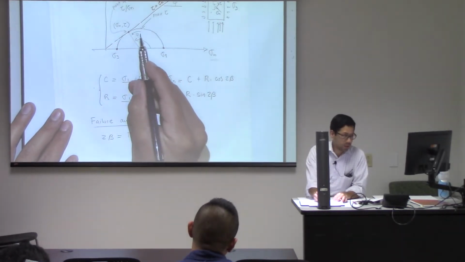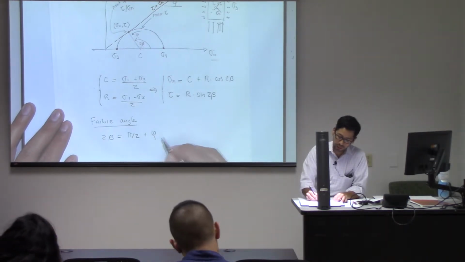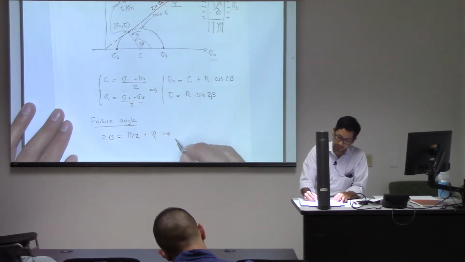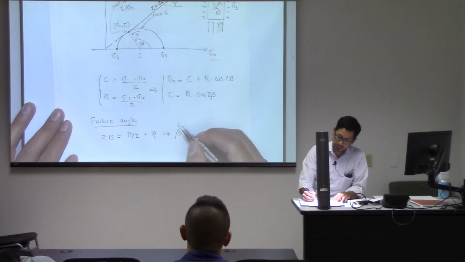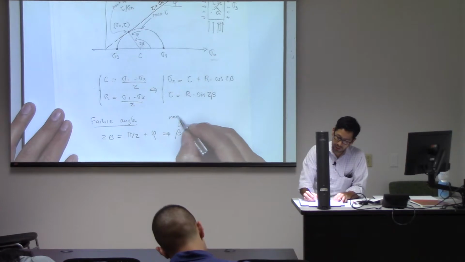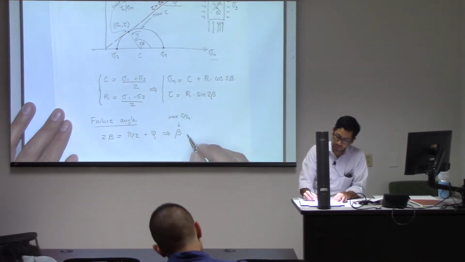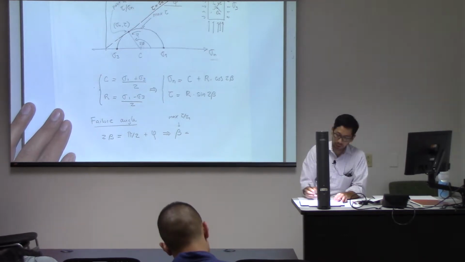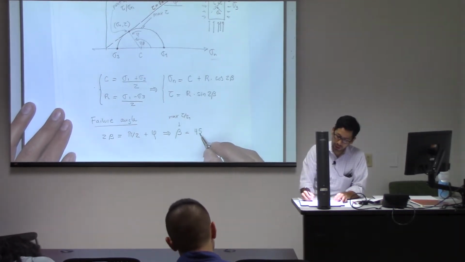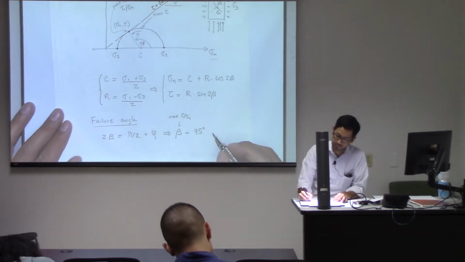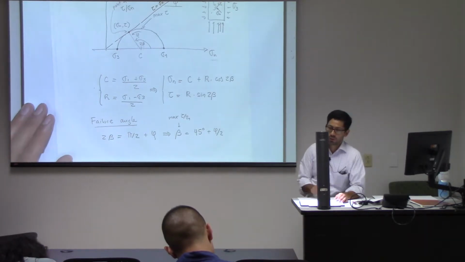And this angle is just the angle phi. And therefore from here, the failure angle beta, in which there is the max shear to normal stress, is just this one divided by 2. So pi over 4, I'm just going to write it as degrees. It's 45 degrees plus the friction angle divided by 2.